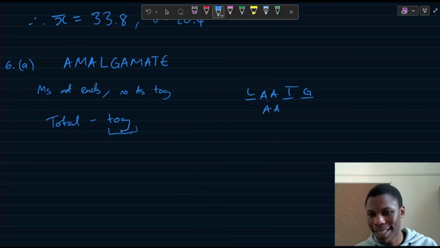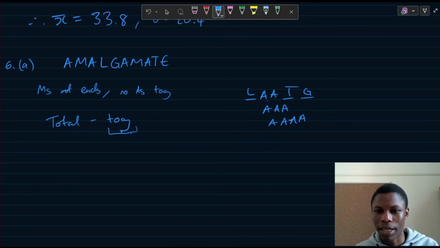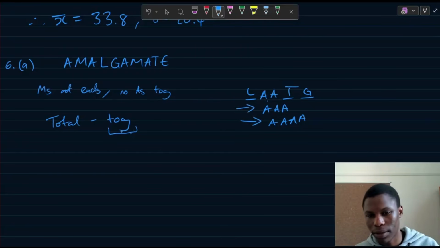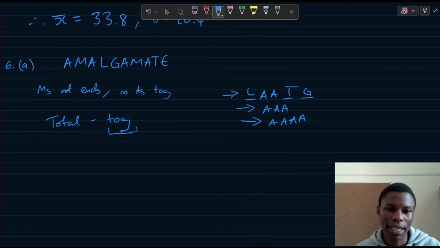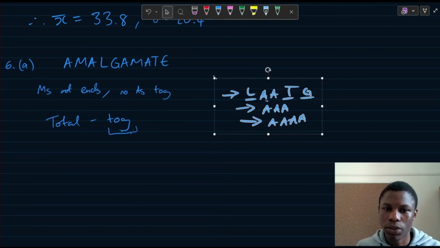I can't have three A's next to each other. I can't have all four A's next to each other. So if we go the minus together option, I would have to calculate all four A's together, three of the A's together, and two of the A's together. That's what would count as A's together, and we'd have to subtract that from our total. So we could go that approach, but there is an easier way to do this.